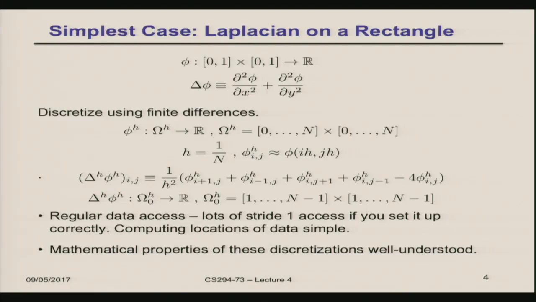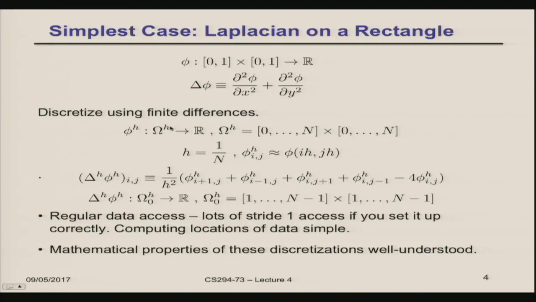So here's a simple example, and this is going to be the example you'll work with in the first assignment. We're solving Laplace's equation, or solving Poisson's equation, on a unit square. So we define the Laplacian, which is the sum of second derivatives in each direction. And in fact, the way you'll implement this is that you won't be able to tell the difference between 1, 2, or 3 dimensions.